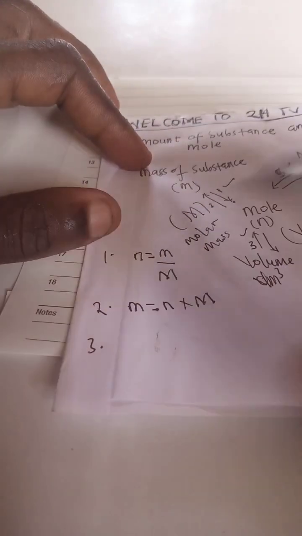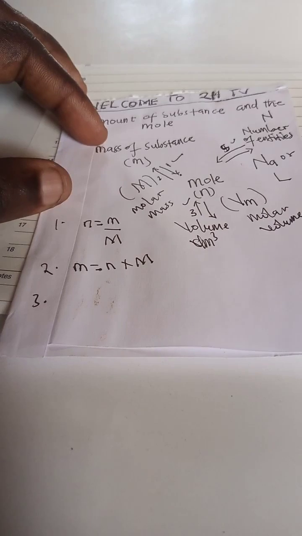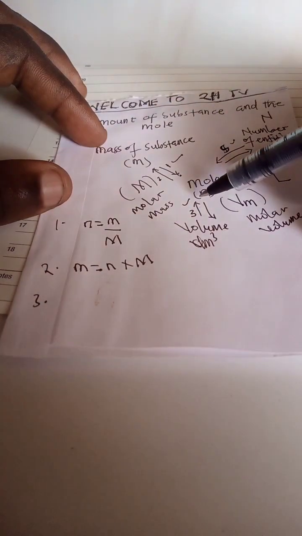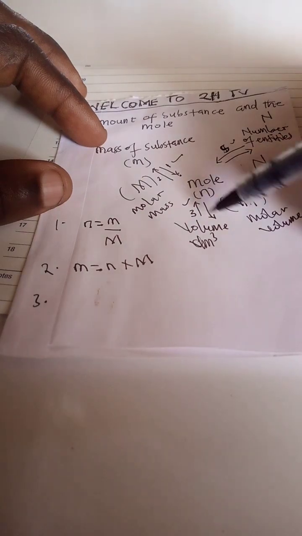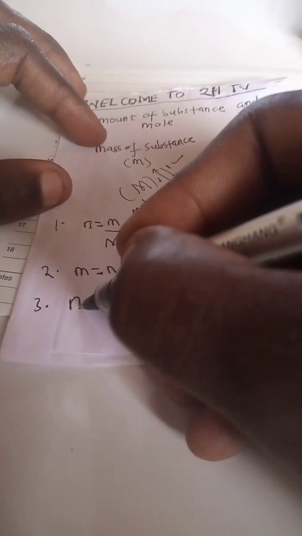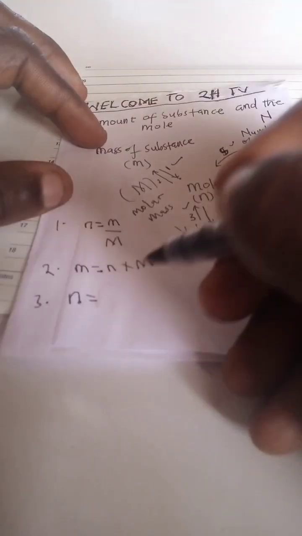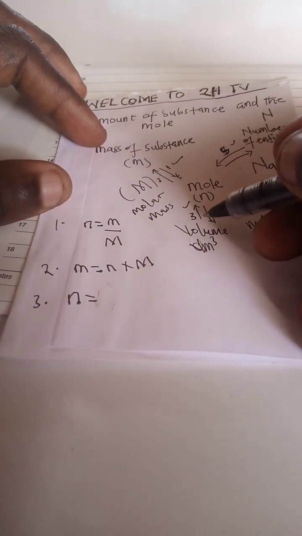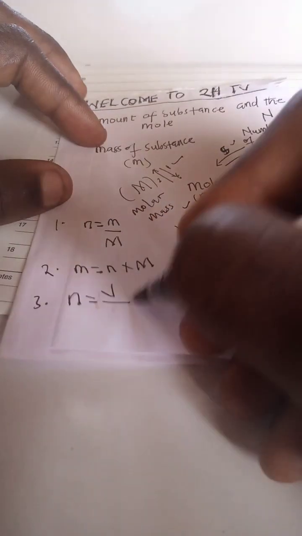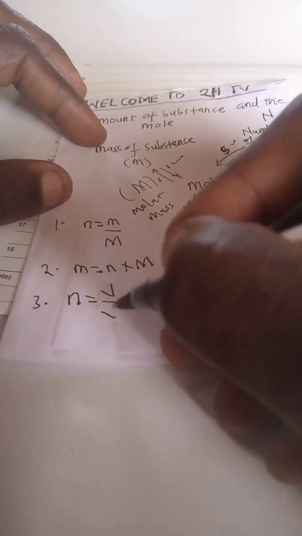So assuming in a given equation I'm to find the mole, and I'm given volume. It means that my mole now is equal to where the arrow goes, that is volume, over the relation between mole and volume, molar volume.